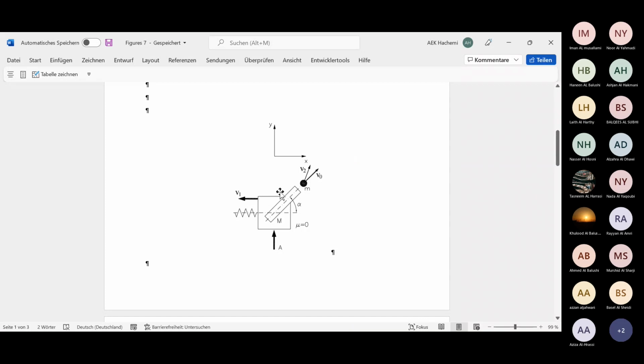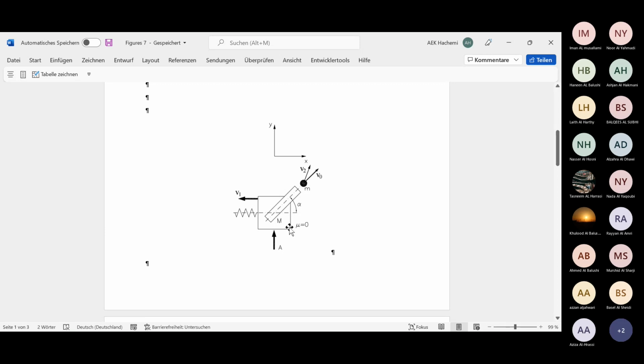If we look at the system, the apparatus with the mass M, then we have the contact force or the normal force A. When it reaches a certain initial velocity V0, due to the motion, there will be the velocity V2 of the mass of the ball m.